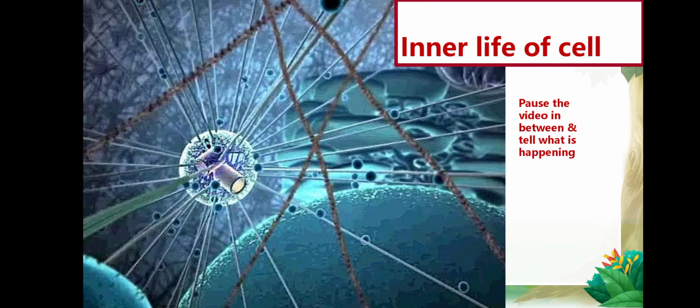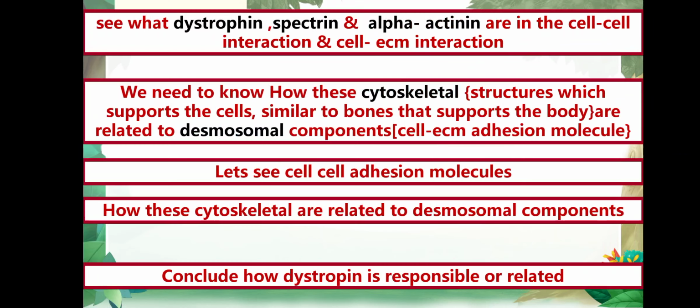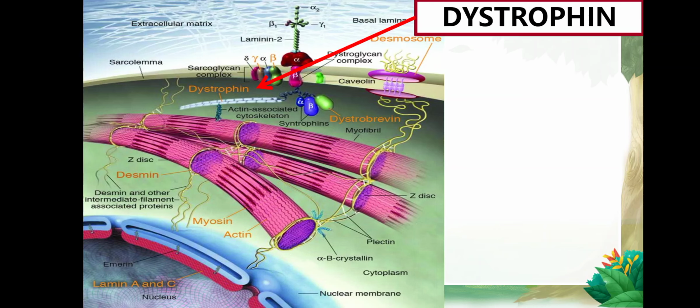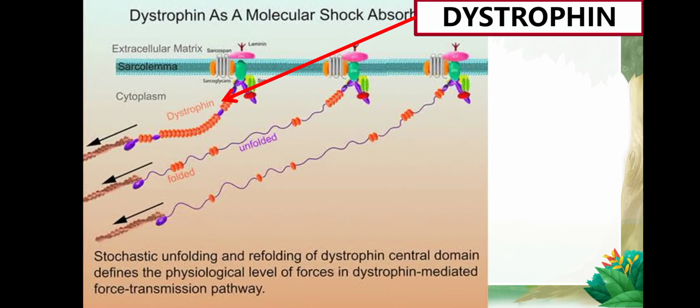So now that you have seen this video, let's see what dystrophin, spectrin, and alpha-actinin are. Dystrophin is the molecule which is connected to the actin associated cytoskeleton, as you have just seen, and you can see in the figure that dystrophin is connected to the cytoskeleton, isn't it? Again, in the next figure you can see dystrophin is connected to actin cytoskeleton.